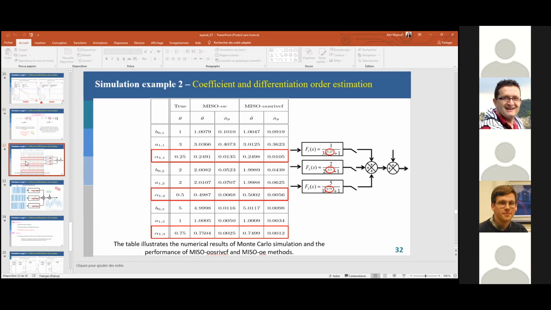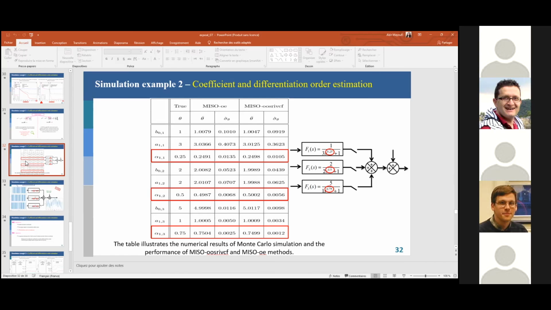I guess that when you do this IV method, normally the variance is maybe larger. Or maybe not, I don't remember well. Maybe Marion can tell me. But how can you explain that the variance seems larger with the output error while it's really the correct model structure?